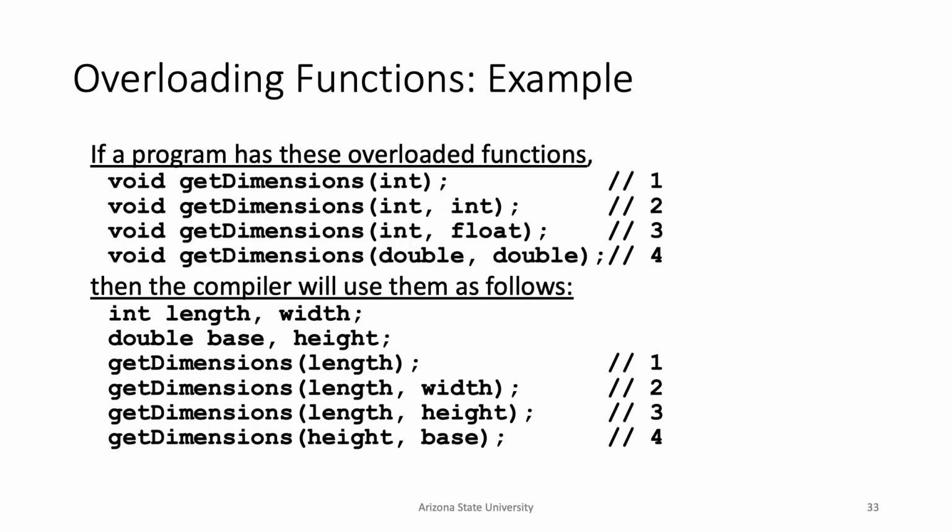Yeah. Why, when you enter length and height, even though height is double, does it work? I was confused about that too. I think it's because float and double are what are called implicitly convertible to each other.